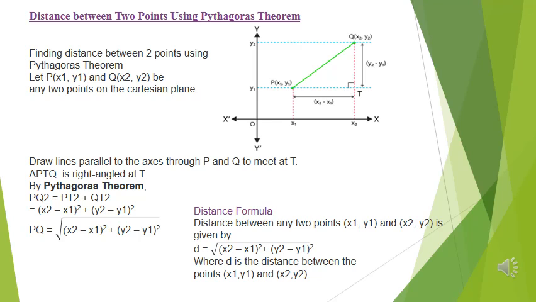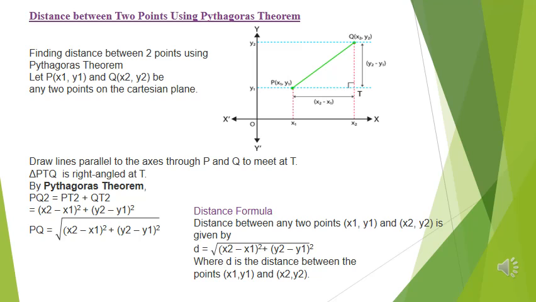Students, here we see how we find the distance between two points using Pythagoras theorem. Look at the graph. Here there are points x1 and x2 on the x-axis. Similarly, the points which lie on the y-axis are y1 and y2. When we have to find the distance between two points P and Q, the coordinates of point P are x1, y1, and the coordinates of point Q are x2, y2.